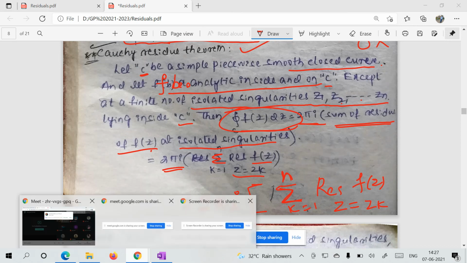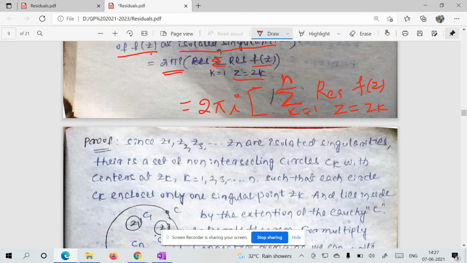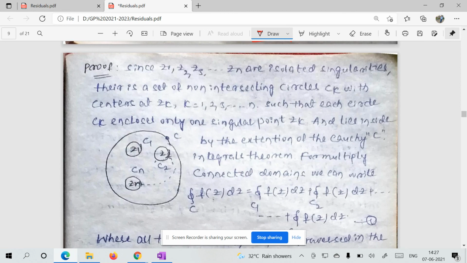This is the definition of the Cauchy residue theorem. Now let us see the proof.